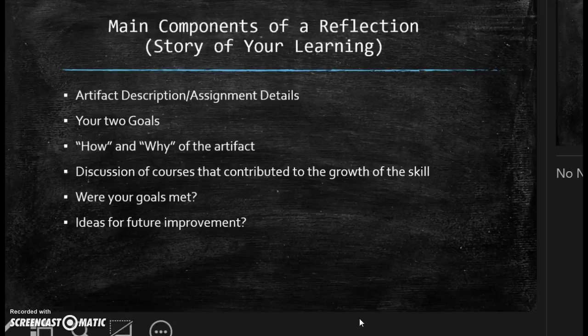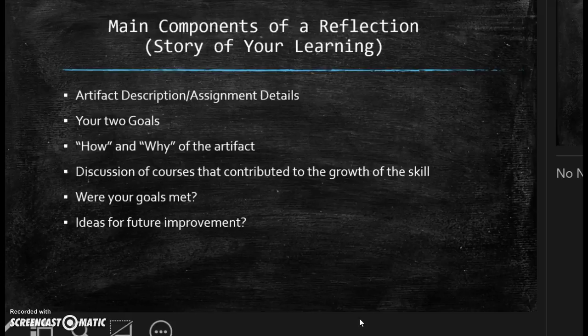You will also need to explain what I call the how and the why of the artifact. This is really analysis: how you did it, why you did it the way that you did, and issues of that nature. You're breaking it down and looking at the significant component parts.